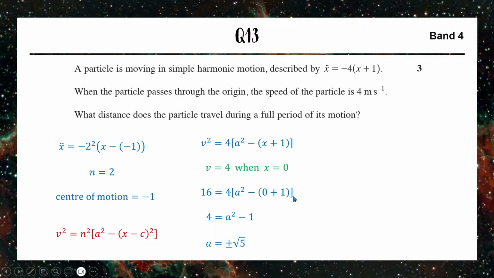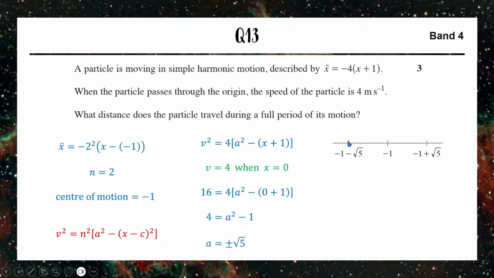So now if we sort of visualize what we're working with, this is our oscillation. We are centering around negative 1, and we're going as far left as negative 1 minus root 5, and we're going as far right as negative 1 plus root 5. Center point plus or minus the amplitude. So to finish this off and find how far we're traveling through one full period, think about we're starting up here and we're going to go down, hit the bottom of the wave, and then curve back.